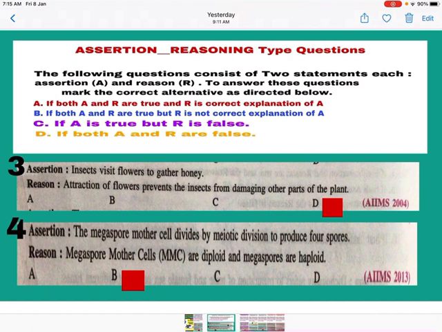The megaspore mother cell divides by meiotic division because during meiosis the chromosome number is reduced to half. As a result, 4 haploid spores are formed. This is the correct explanation. So here A is correct, R is also correct, but R is not the correct explanation for A. So mark B.